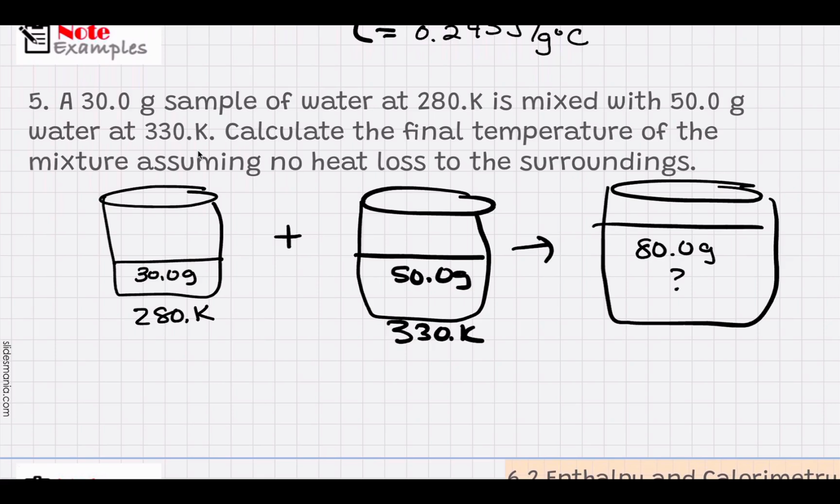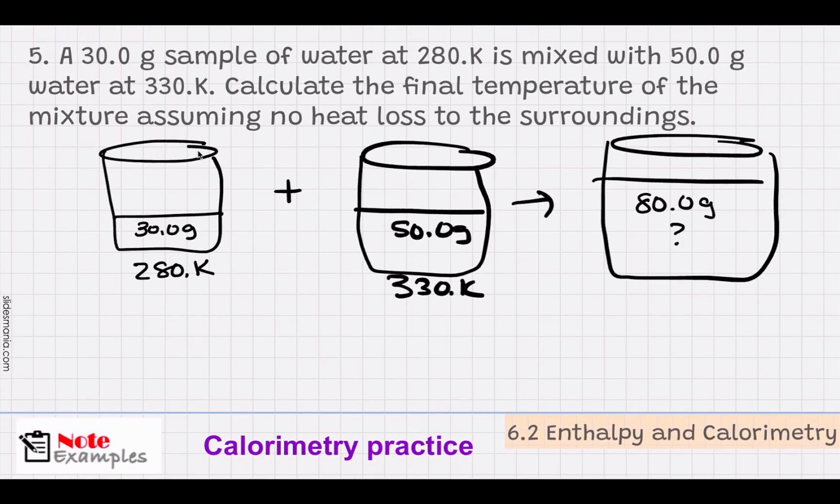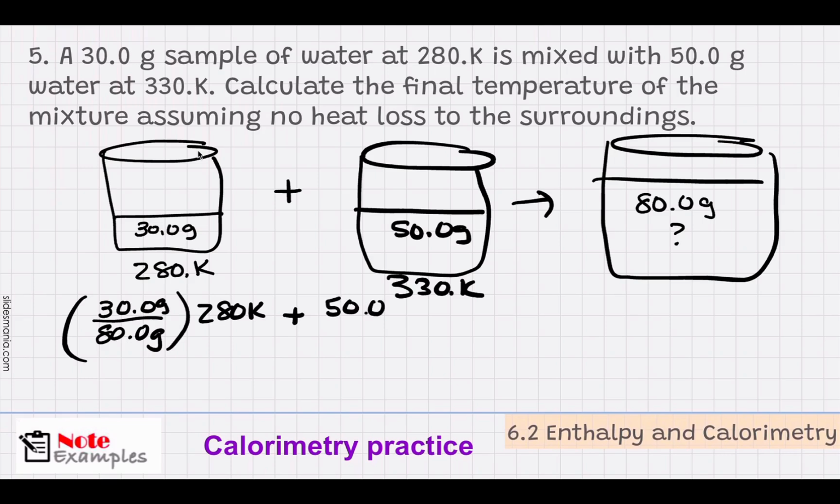Assuming there's no energy loss to the surroundings, what we can do is somewhat like a weighted average. If I know that 30 out of 80 grams are at 280 Kelvin, and then I know 50 out of 80 are at 330 Kelvin.